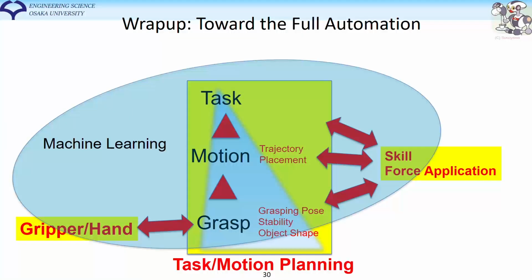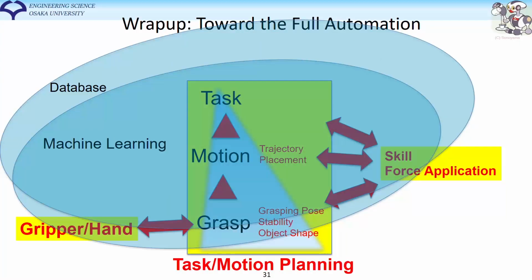All the information of the environment is not usually available, so I think machine learning is very essential to solve the uncertainty problem. And to use machine learning, we need the database. So this is the milestone to realize full automation of the task, which we have in mind.